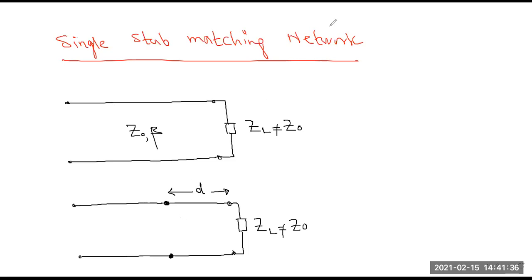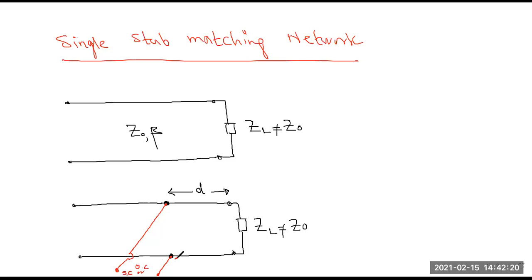And then one possibility is that we can connect our stub in parallel. So you will connect a piece of transmission line which is the stub, one point connected with this point, and of course it is not connected over here, and the other terminal of the stub is connected at this point. And again, this end of the stub, we know it can be open circuited or it can also be short circuited.